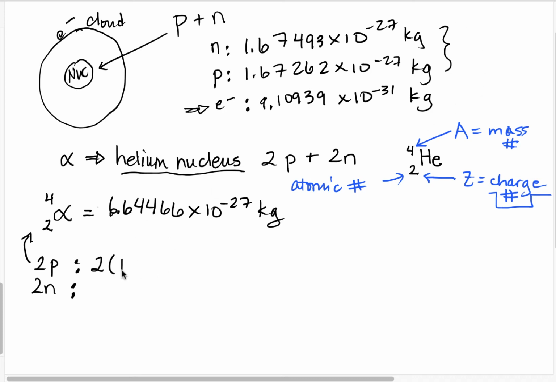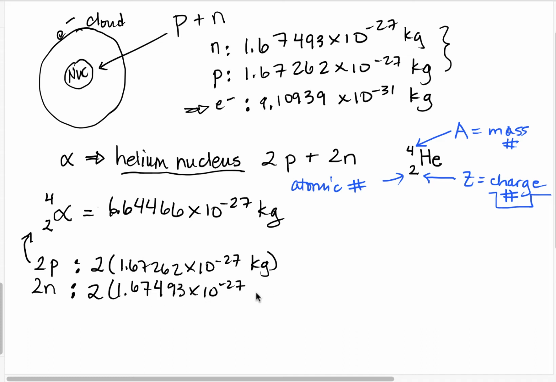So we have 1.67262 times 10 to the minus 27. We're going to multiply that by 2. And then the same thing for the mass of the neutron, 1.67493 times 10 to the minus 27 kilograms.